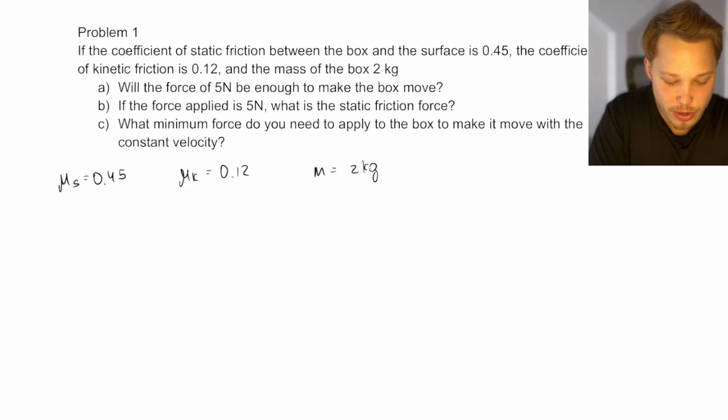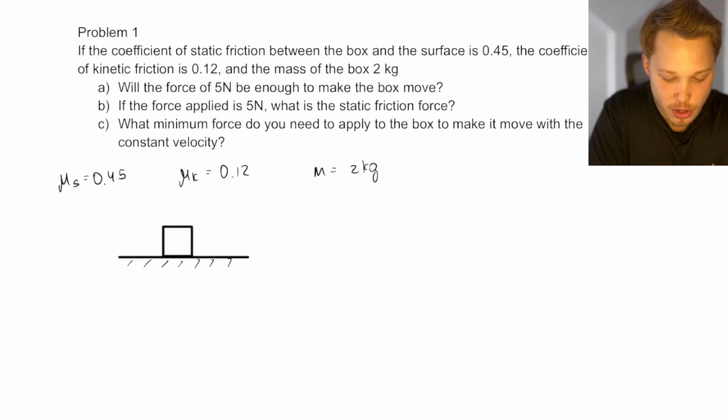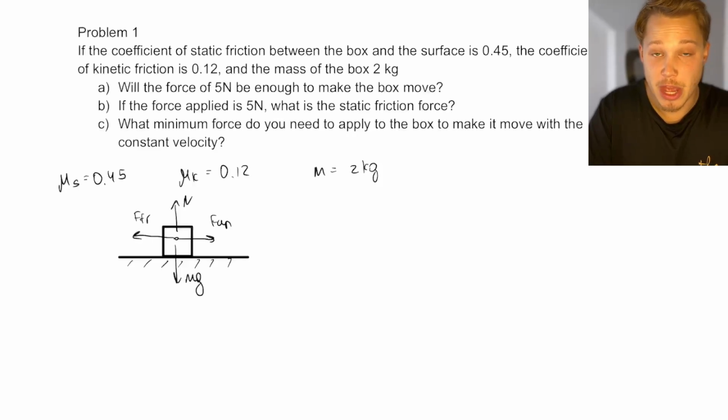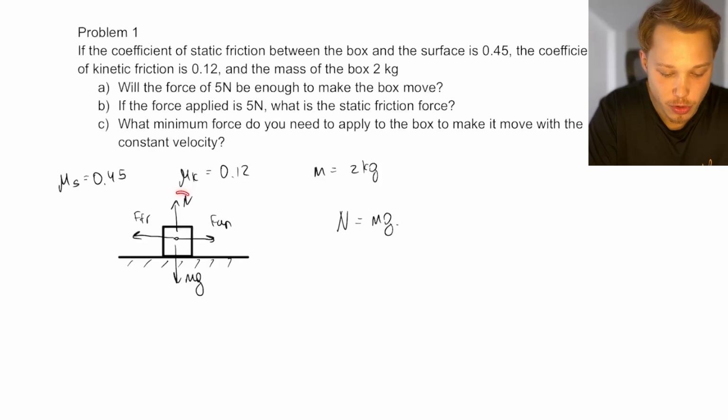Just like with the other problems, we can assume that this is on a horizontal surface. You apply a force to the right, and there's friction to the left. There's a normal force upward, and there's a gravitational force downward. So we can assume that the normal force is equal to mg, so the up force is equal to the down force.